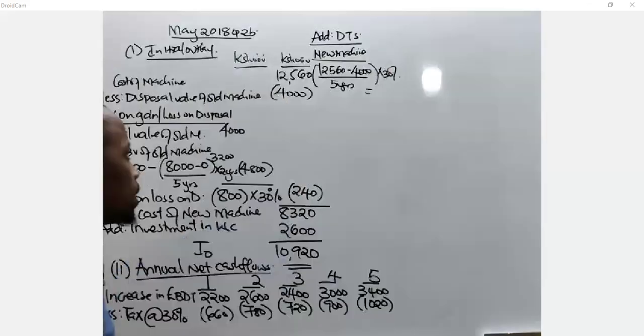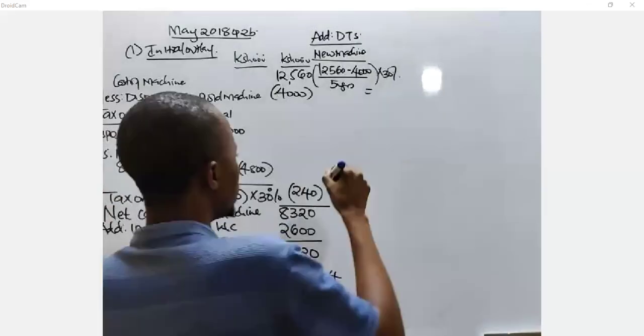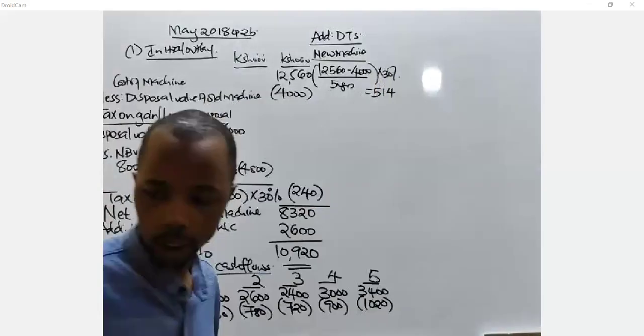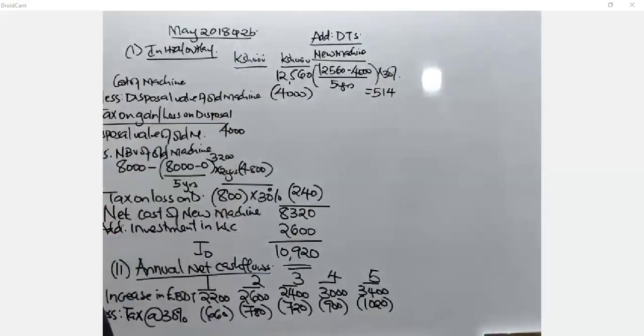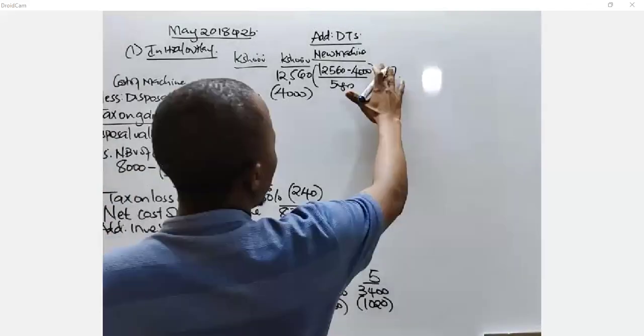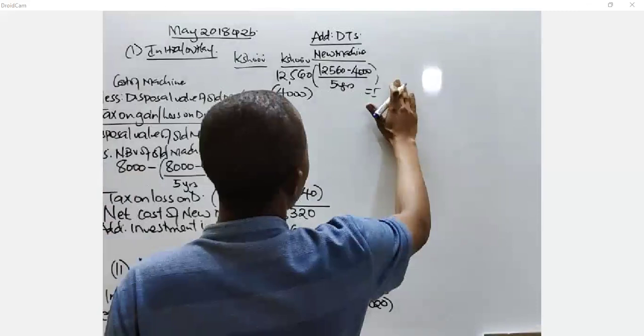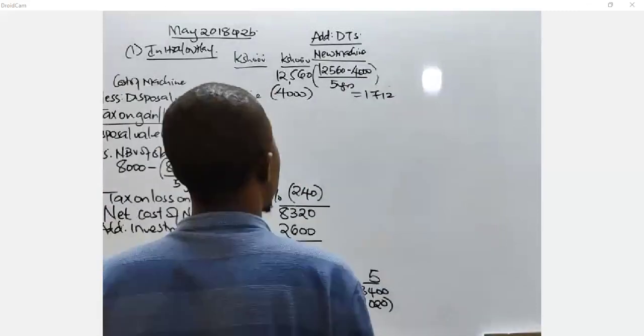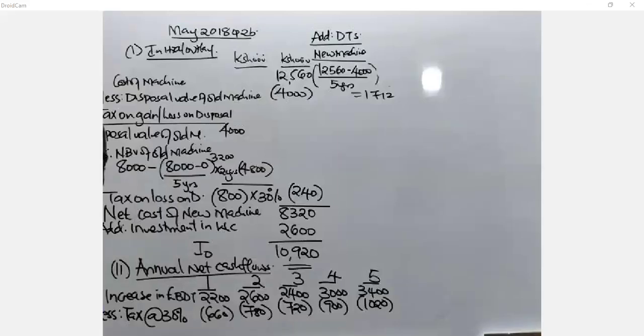So 12,560 minus 4,000, divided by 5, times 0.3. Let us first look at the depreciation itself, which is 1,712. The depreciation first.